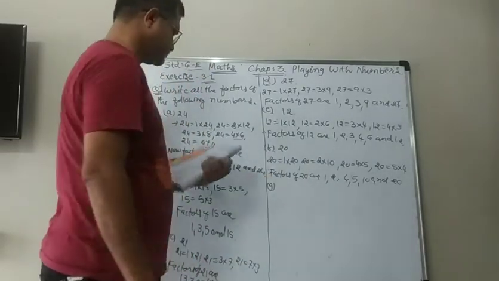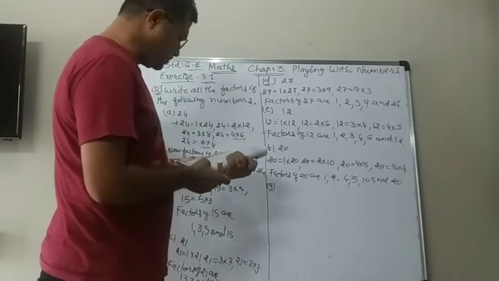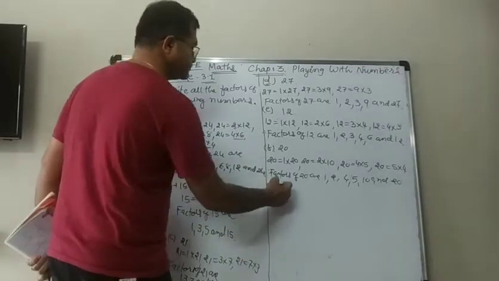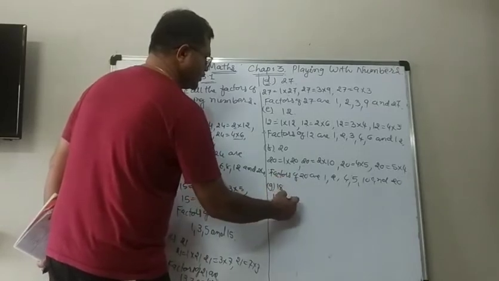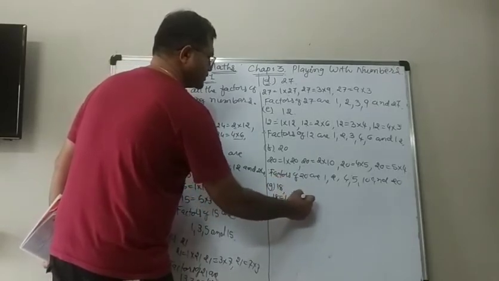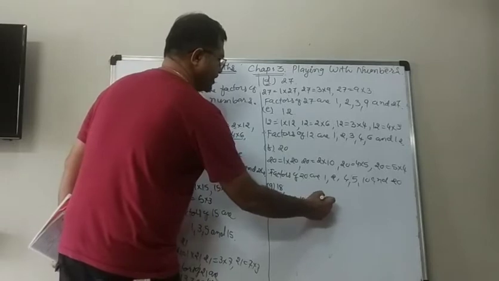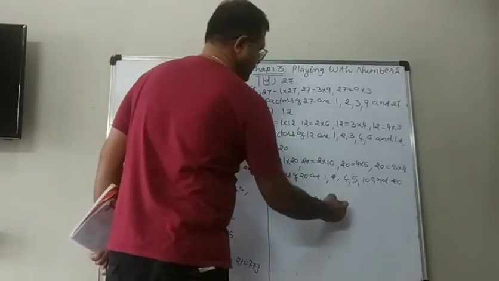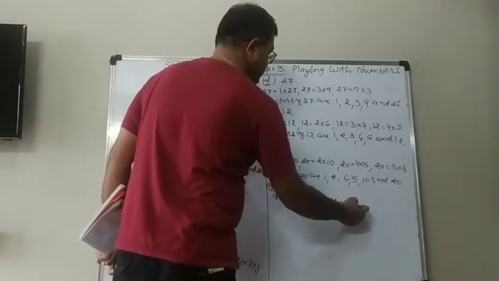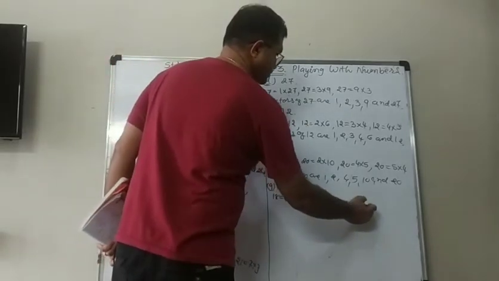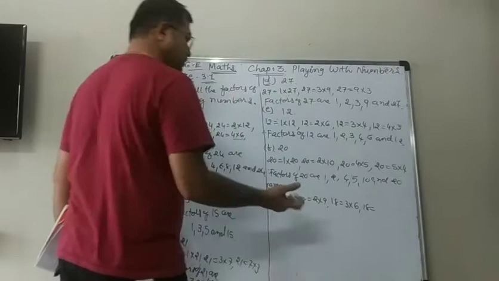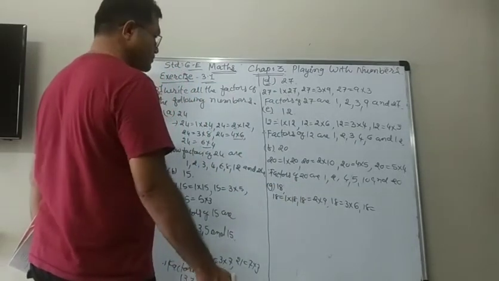Then the G. In G it is 18. So 18 is equal to 1 multiplied by 18. 18 is 2 9s are 18. 18 is 3 6s are 18. Then 18 not divisible by 4? No. 5?